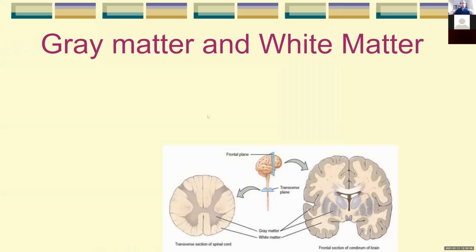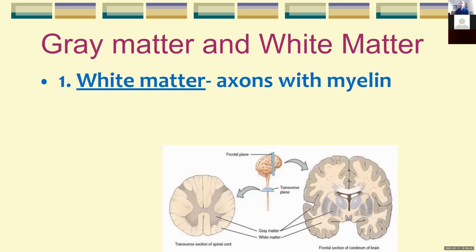So let's actually write down these two differences: gray matter and white matter. First, white matter is just axons of those neurons with myelin. We can see again here, this is white matter. So these are all myelinated axons in this area of the brain.